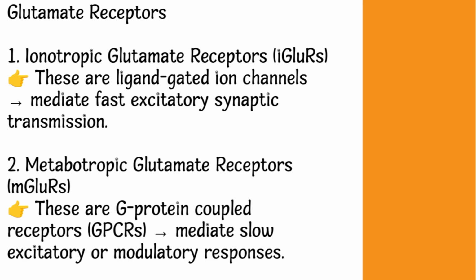They mediate slow excitatory or modulatory response. So the ionotropic are ligand-gated, and the metabotropic are G protein coupled. The ionotropic carry fast excitatory synaptic transmission, while the metabotropic carry out slow excitatory response.